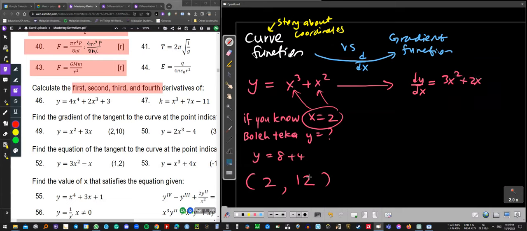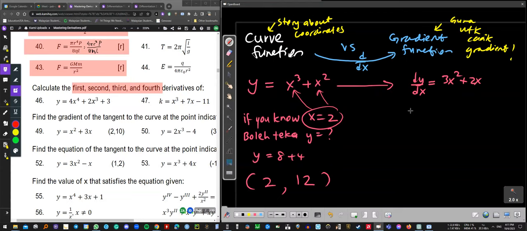So, what's the purpose of gradient function? In your own words. Good. You guna untuk cari gradient at the points that you like to look for. So in this case, let's say the coordinate is 2, 12. What is the gradient at x equals 2?